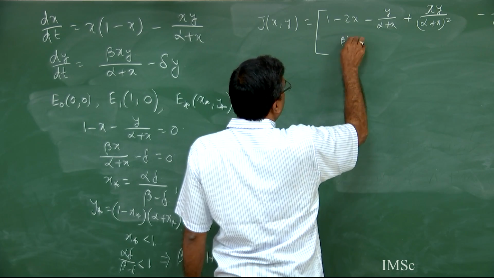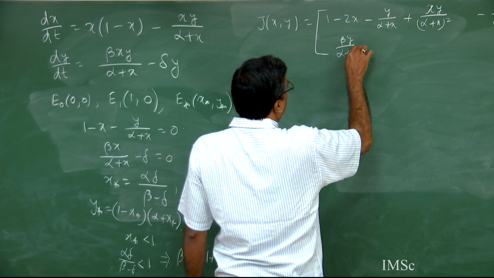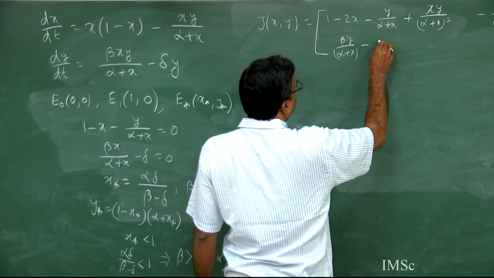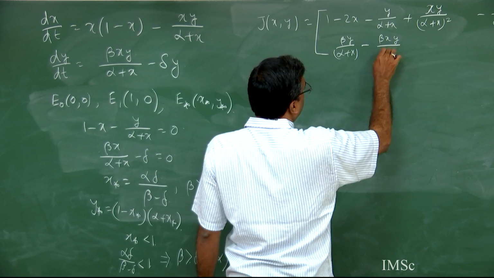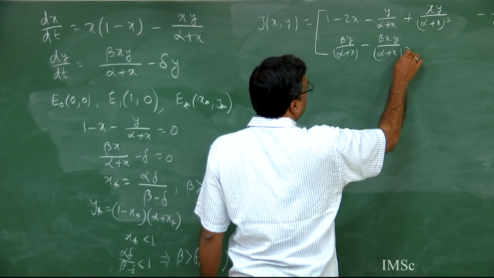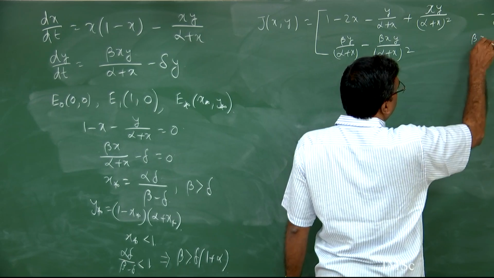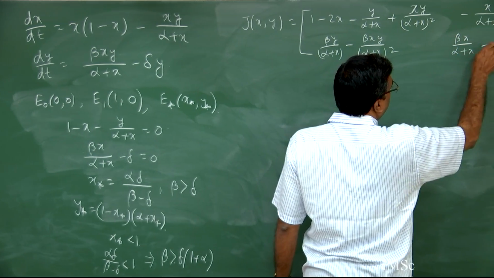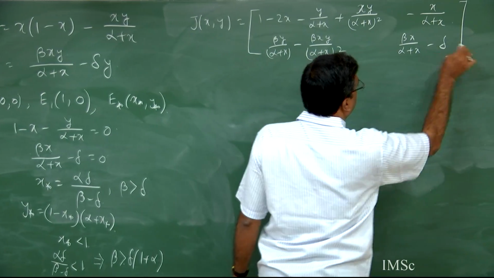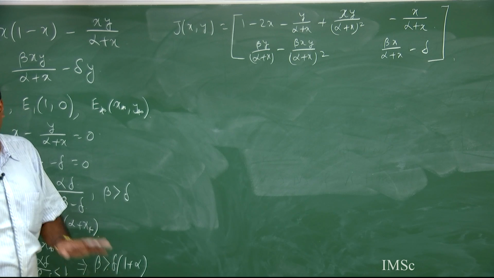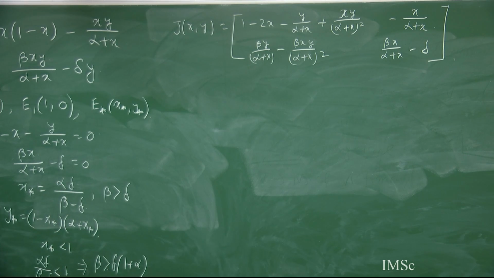Here you will be having beta y by alpha plus x minus beta xy divided by (alpha plus x) whole square, and here you will be having beta x by alpha plus x minus delta. This is the Jacobian matrix at a typical point (x, y).